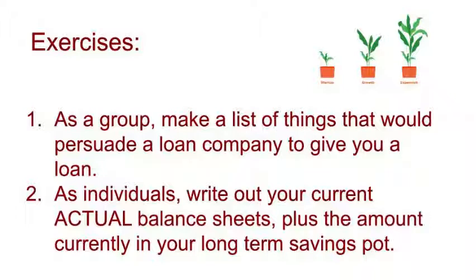And then the second exercise is, as individuals, what I'd like you to do is write out your current actual balance sheets plus the amount currently in your long-term savings pot. So in other words, how much money you've got saved up.